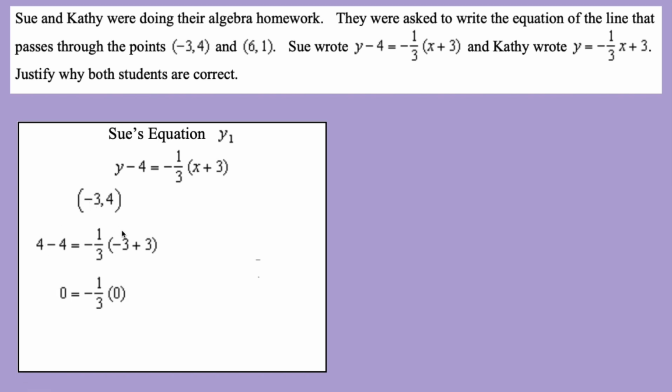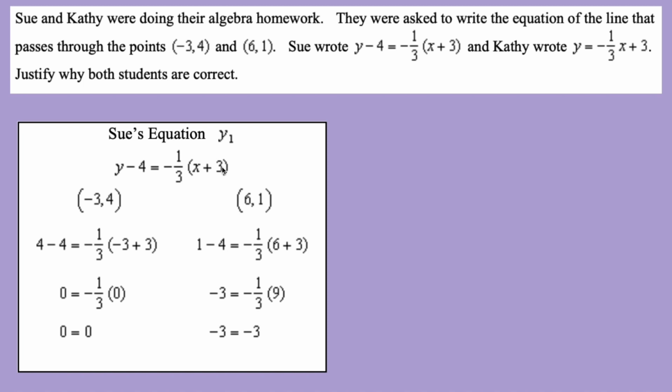We solve that, and we get 0 as our y value and 0 as our x. So 0 is equal to 0, so this checks out. For the second coordinate, we're going to do the same thing. Once we solve it, we get -3 for the y and -3 for the x. Both sides of the equation balance on both of these coordinates, so we know that Sue's equation is correct.